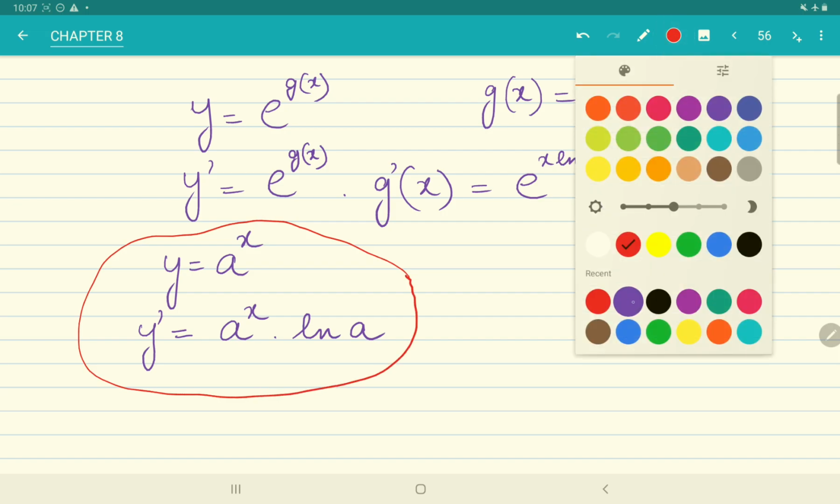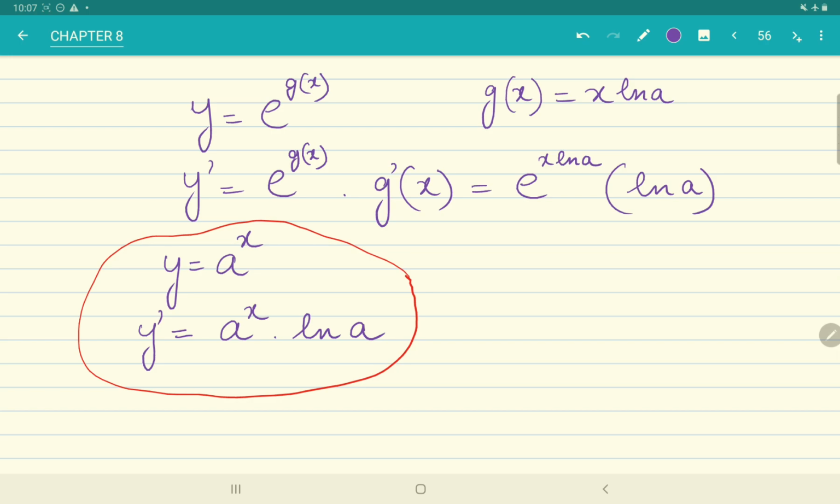In this case, if I put a is equal to 10, what does that mean? That means y is equal to 10 raised to the power x, so y prime would be equal to 10 raised to the power x multiplied by ln 10.